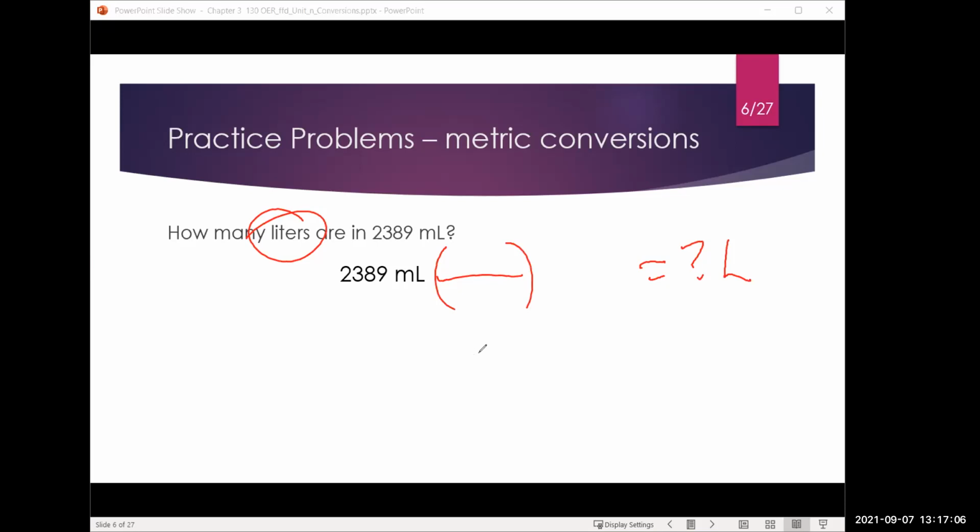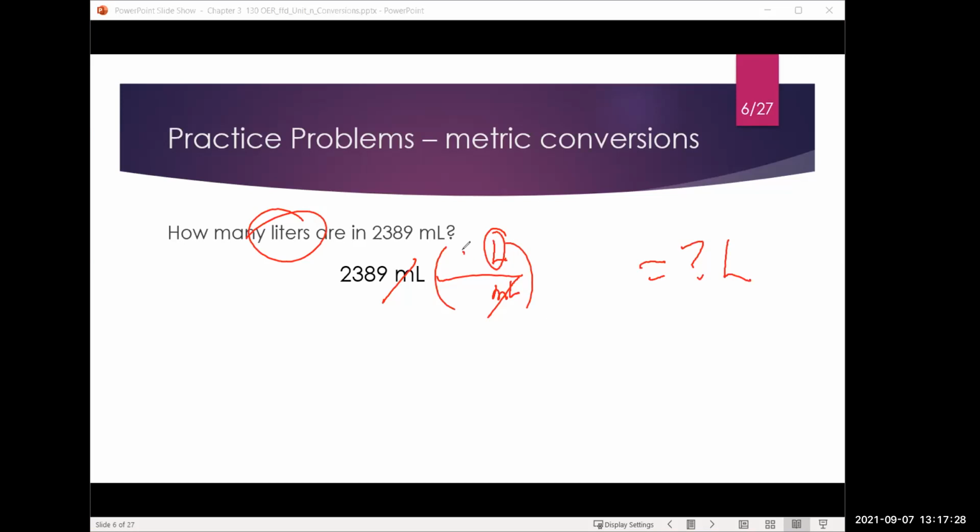I can set up a conversion factor, just working the units first, where I want milliliters in the denominator and liters on top. Now, why do I want milliliters in the denominator? Because when I multiply through, my milliliters cancel, leaving me units of liters.